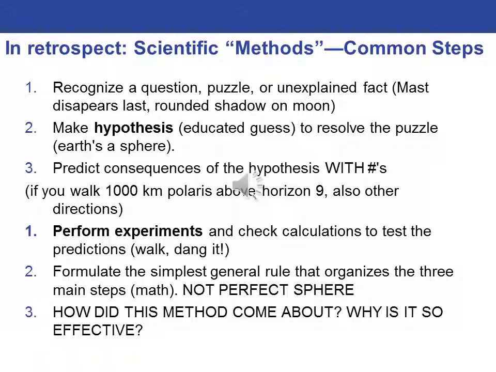Then you made a hypothesis that was very reasonable, that Earth is round and it's actually a sphere. The consequences come with a hypothesis that has a number. It's not just that I'm assuming that it is a sphere. I am assuming that it's a sphere of a certain size. Then I can check it out independently in several ways.